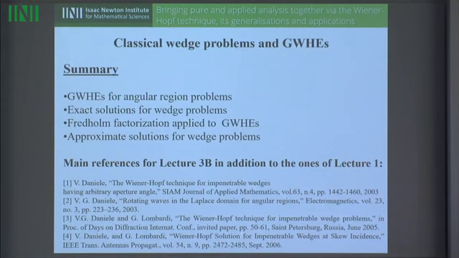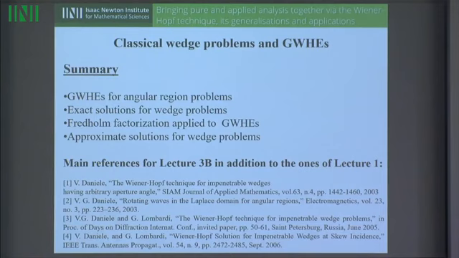And then here there is another paper about the method that we have presented in Days of Diffraction in 2005. I recommend this conference. It's very interesting from a mathematical point of view. There were sessions about Wiener Hopf in scattering and diffraction.